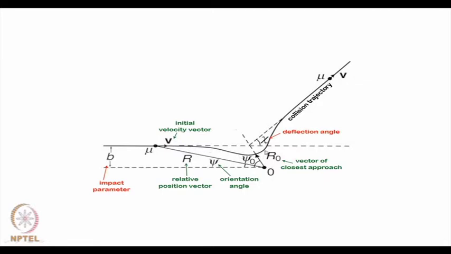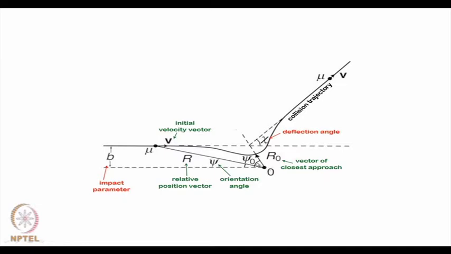This is the collision trajectory, with the initial velocity vector, and there is a dip over here. This is the relative position vector with respect to the origin, and this r0 is the vector for the closest approach.